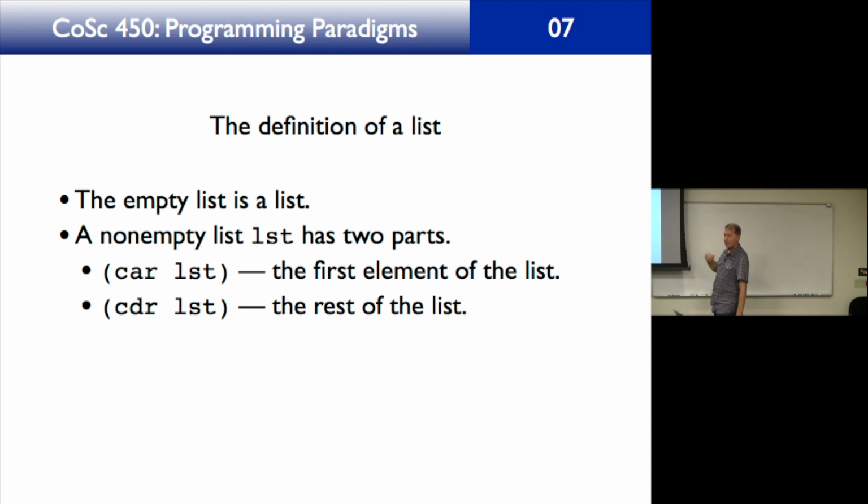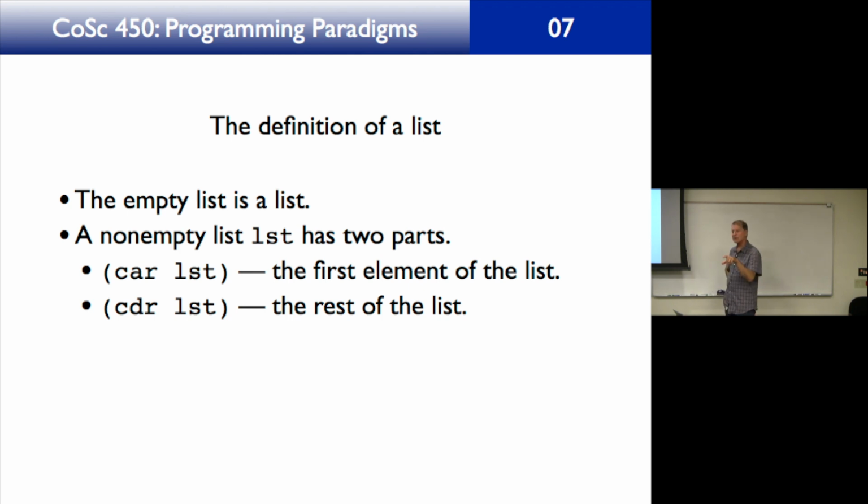I'm kind of surprised because in Common Lisp they ditched those names. They said it's about time we got rid of car and cdr. Guess what they called the car function? First. And cdr? Rest.